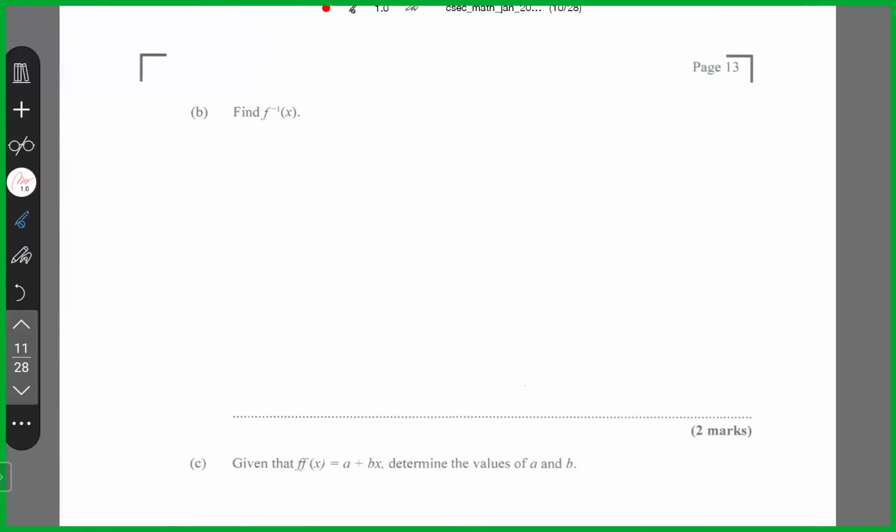f of x, we're reminded f of x is equal to 2 minus 5x, and we're asked to find f inverse of x. Now, to find f inverse of x, there are 4 steps to it. This is step 1. Remove f of x and say y is equal to 2 minus 5x.